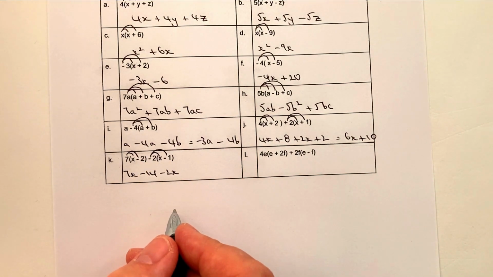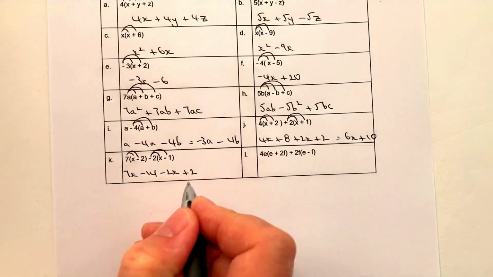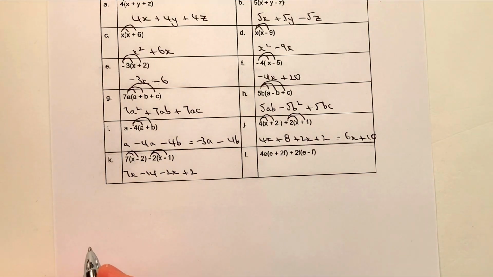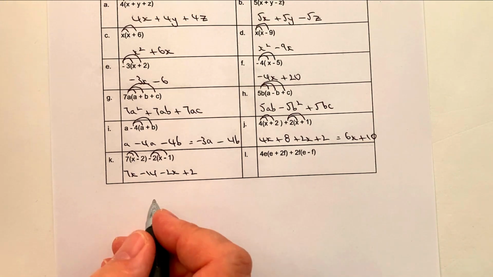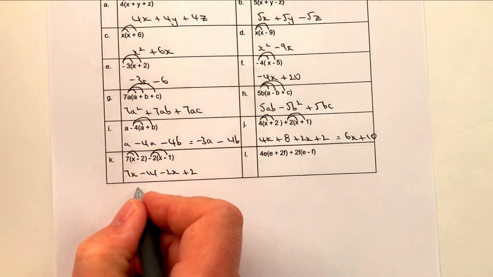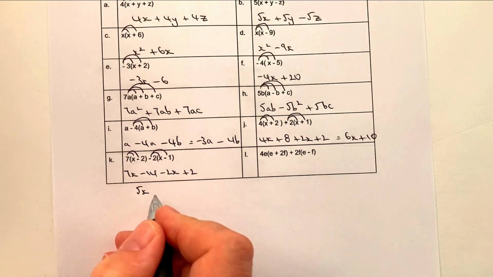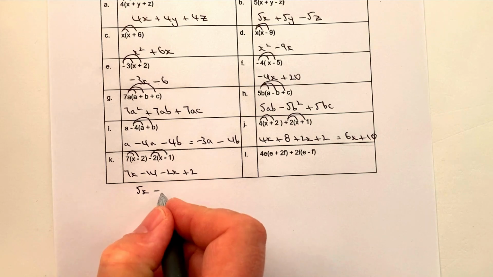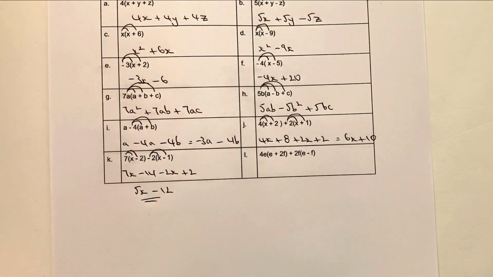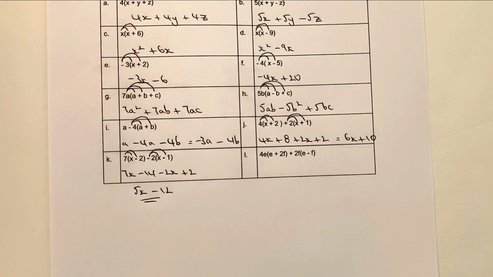Well, a minus times a minus is a positive, so that's going to be plus 2. Okay, let's tidy that up a little bit. So I've got 7x minus 2x is going to be 5x. So I'll write that underneath, I think. 5x. And then I've got minus 14 plus 2 is going to be minus 12. And that would be the answer to that particular question.